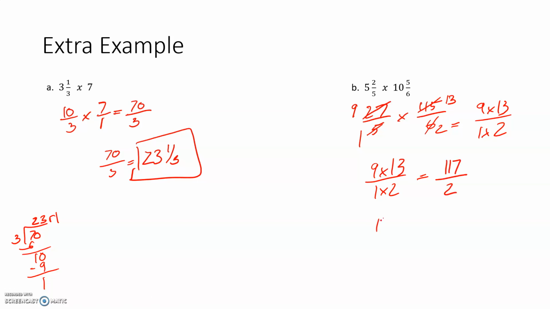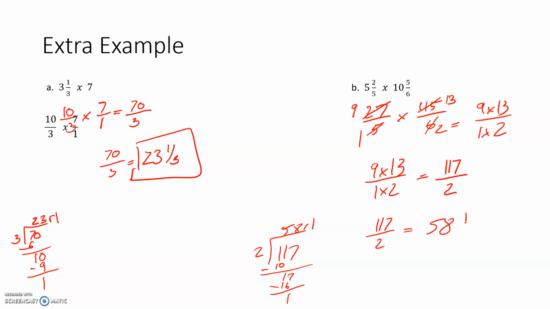Okay, and then I'm going to simplify. I'm going to do division. 117 halves. I'm going to do it right here. 11 divided by 2 goes 5. 17, 2 goes into 17 8 times. So that equals 58 and 1 half.